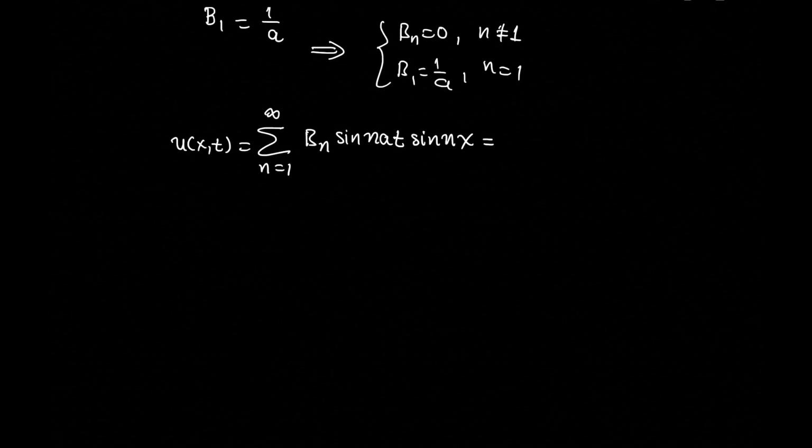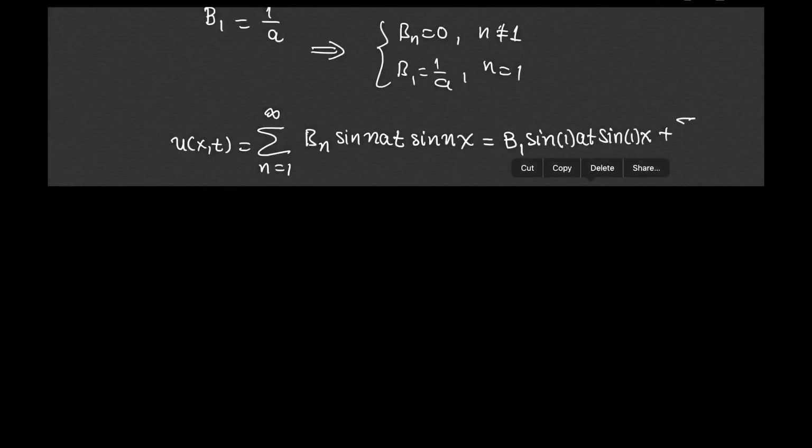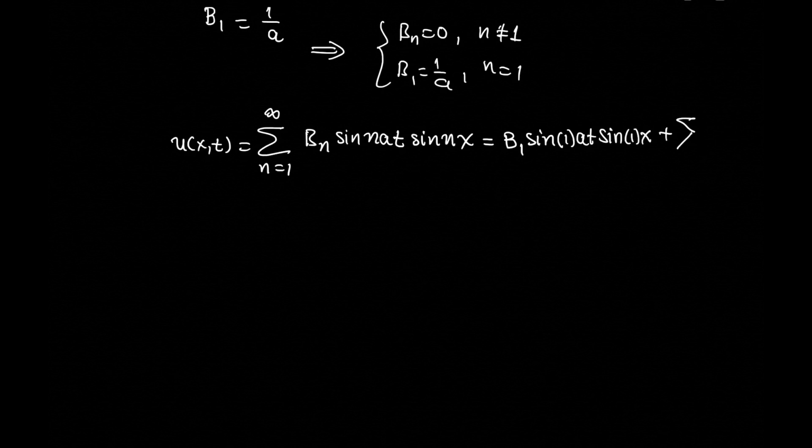Then this is the same as saying b1 times sine of n a t, n equal to 1, sine x, plus summation n equal to 2 to infinity of bn times sine n a t sine nx, right?